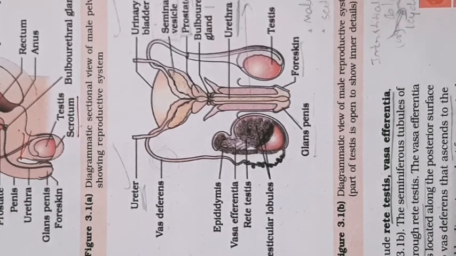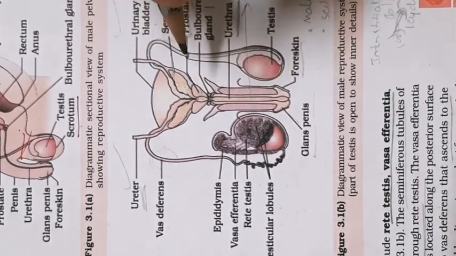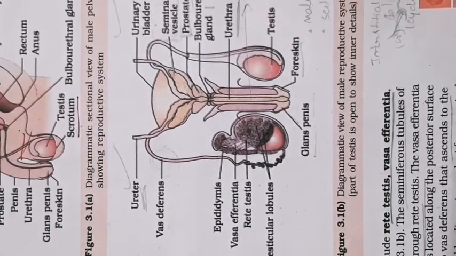Okay. Then beneath the penis, we can see small minute glands, those are the bulbourethral glands or Cowper's glands. We will discuss the function and secretion of each gland in the next class. Thank you.